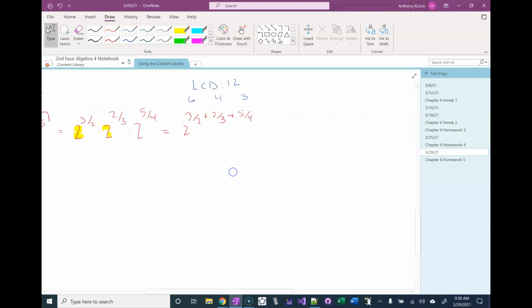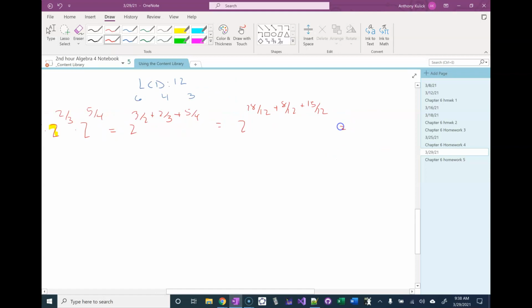So I'm just going to write it that way, if you're going back to look at things. So 18 and 8 is 26, and then 15 is 41.